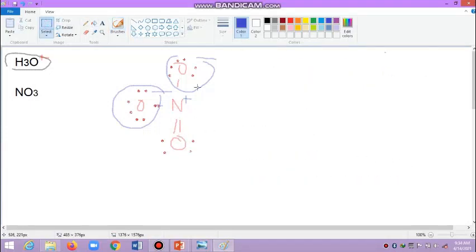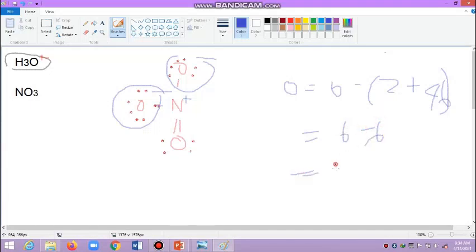Now, on the second one, so we have here, this oxygen here. Okay? So, 6 valence electrons minus how many bonds? That's 2 plus 1, 2, 3, 4 na non-bonding. So that's 6 minus 6. So oxygen will have a zero formal charge. So walang charge ito. So this one will have two negative charges on oxygen and one positive charge doon sa ating nitrogen.